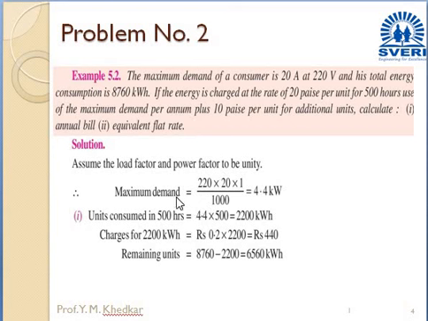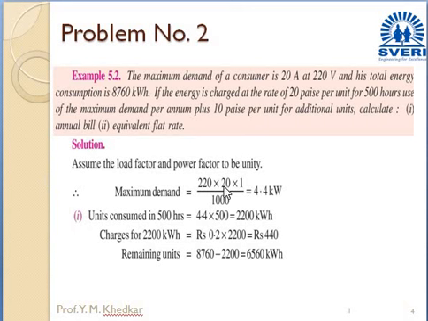When we calculate the maximum demand using current and voltage, we should be in a position to consider load factor and power factor. But the load factor and power factor have not been provided to us. That's why we consider the load factor and power factor as 1, and we mention it accordingly. That freedom we have. So we have mentioned that it is unity.